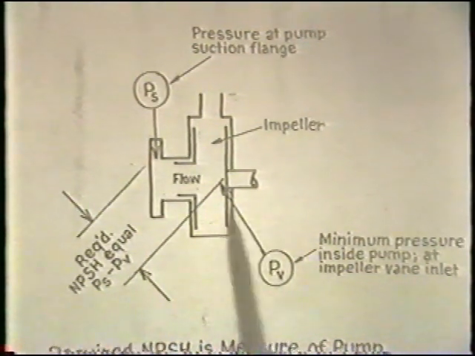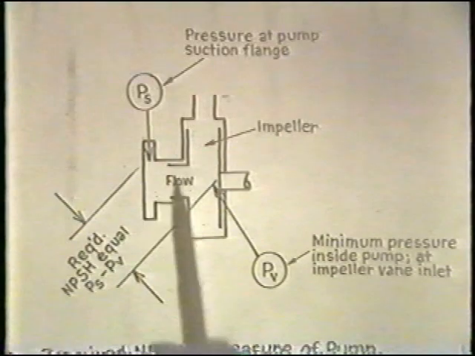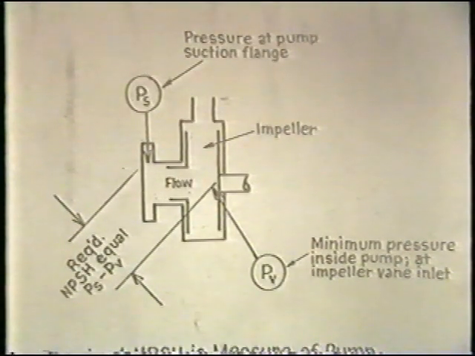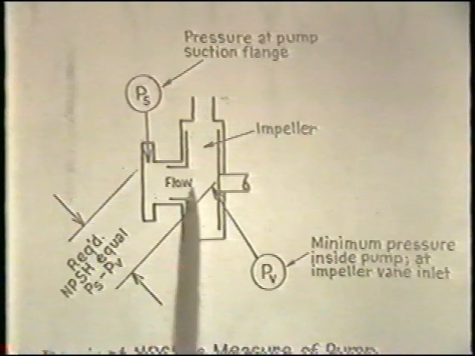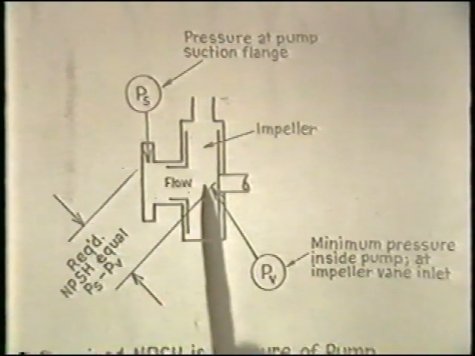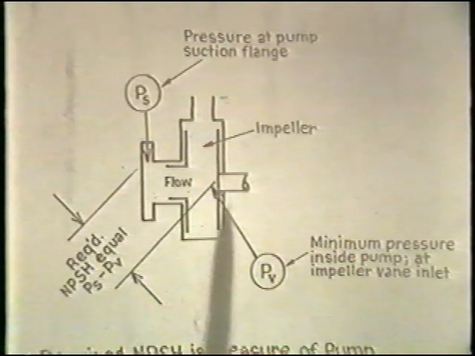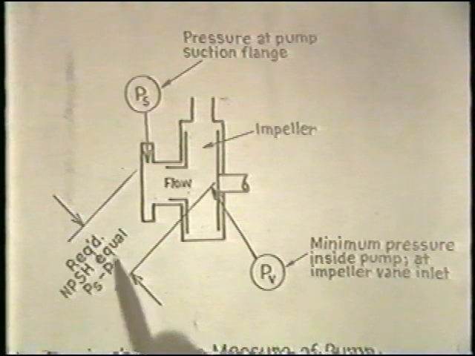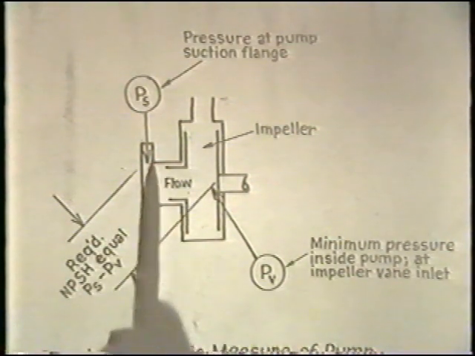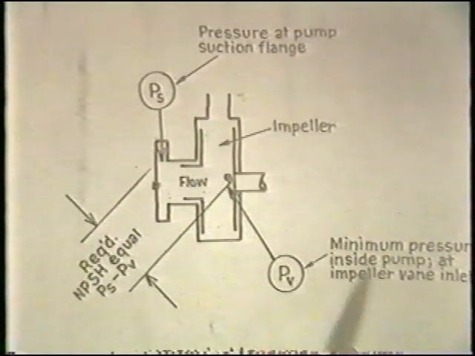However, when the pump starts, a pressure drop occurs from the pump suction flange to the inside of the pump. And this pressure drop occurs because of velocity head increases, because of turbulence within the pump, and other characteristics that lead to a pressure drop from the suction flange to the inside of the pump.